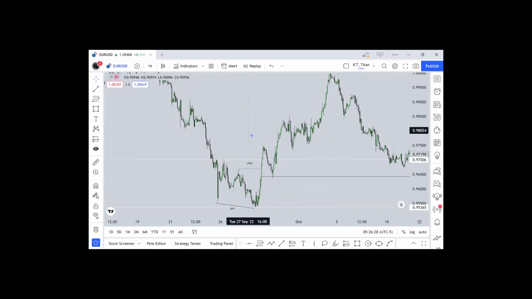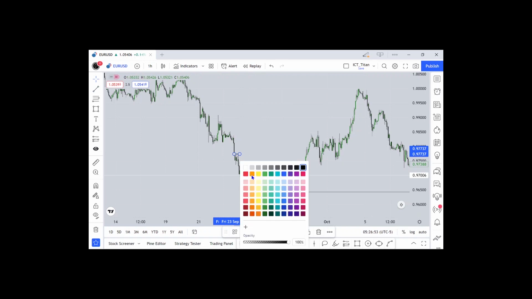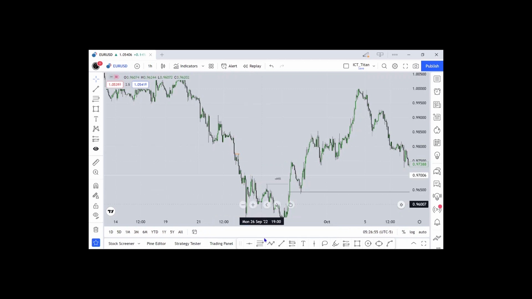Then you will identify, on long entries, market maker buy mode, like these areas that cause low resistance. What rests here is liquidity, and they are buy side liquidity.